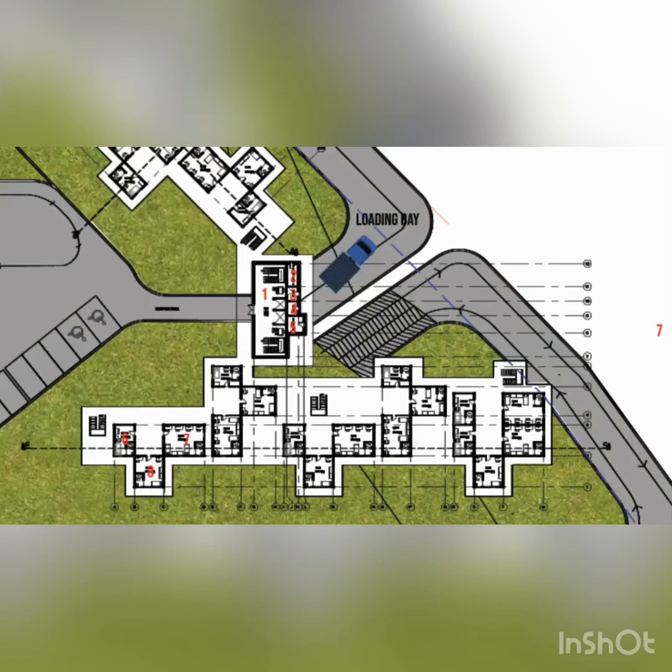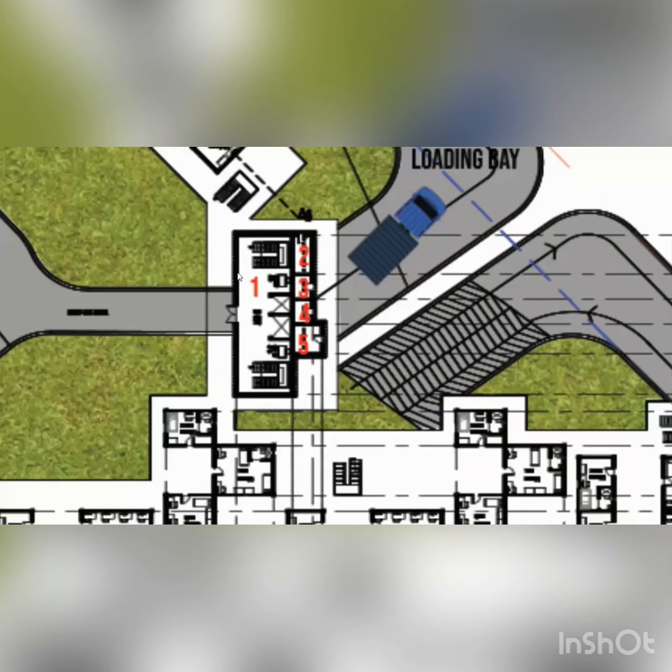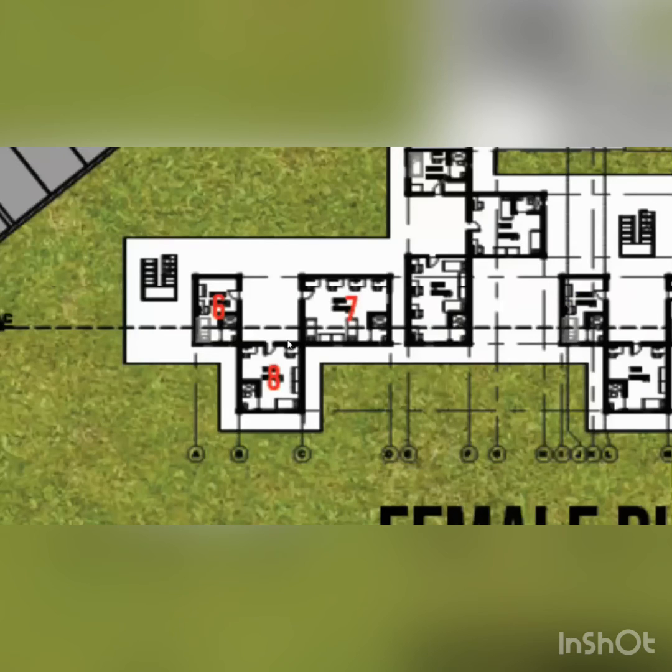Number two is the water tank and pump room. Number three is the MSB room, number four the SDF room, and number five is the TNB substation. And this is the layout for the rooms. Number six is the single room, seven is the quad sharing room, and number eight is the twin sharing room.